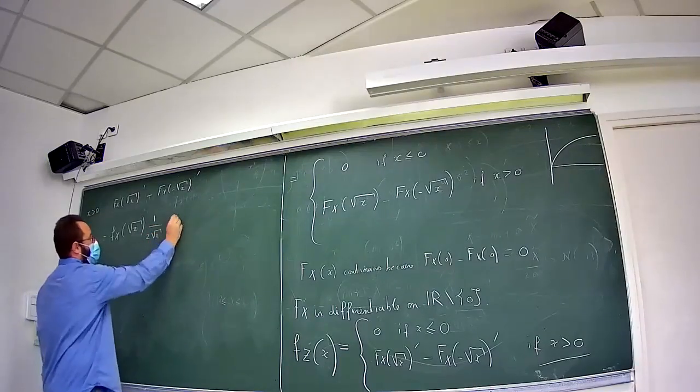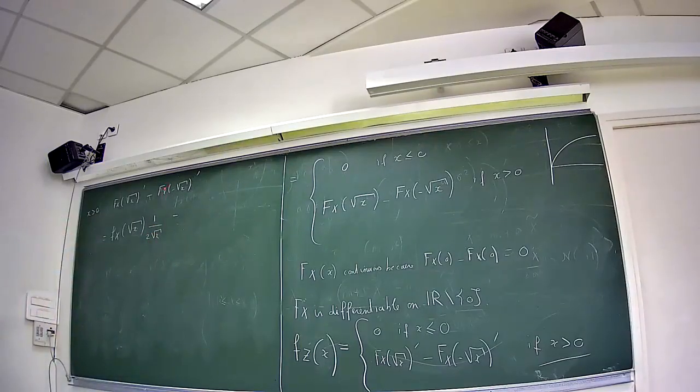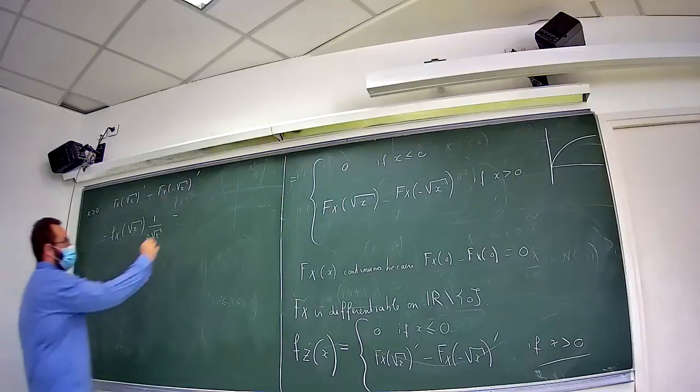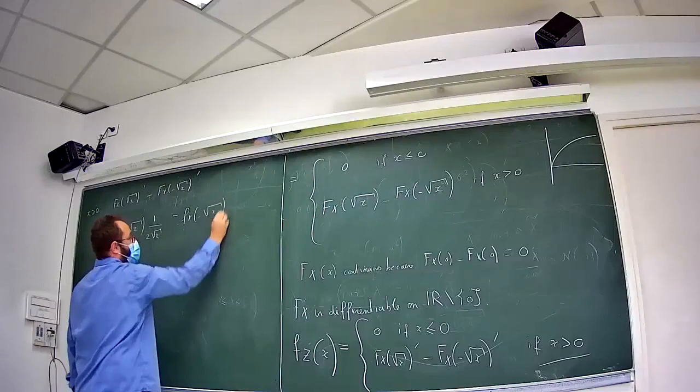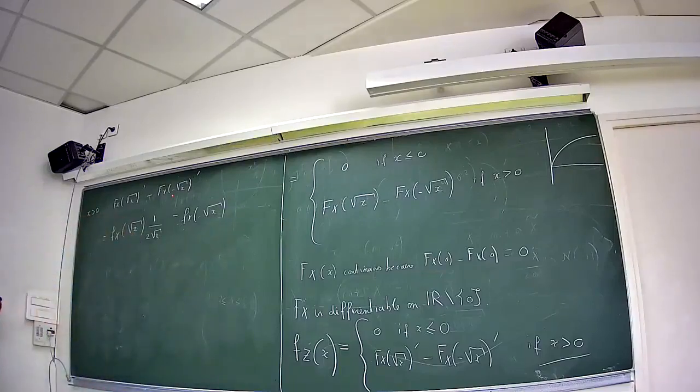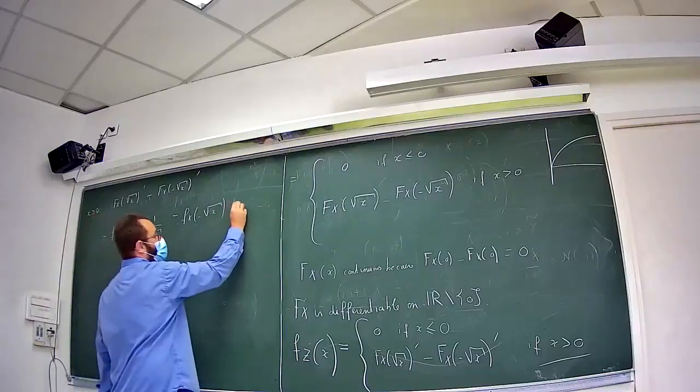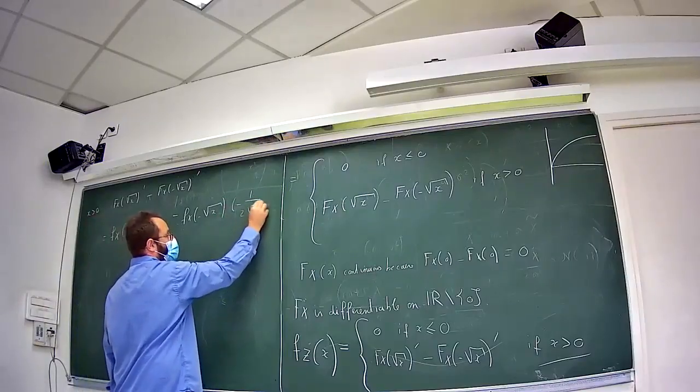Minus the derivative of this one is the density at the point minus the square root of x, and I have to multiply by the derivative of minus the square root of x, that is just minus 1 over 2 the square root of x.